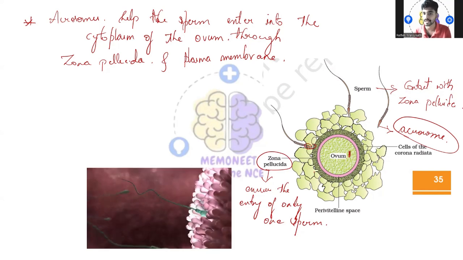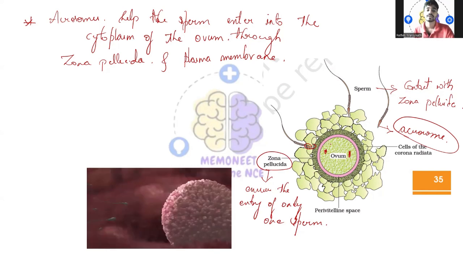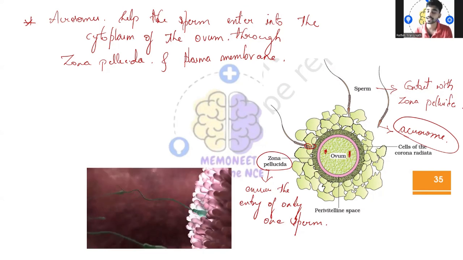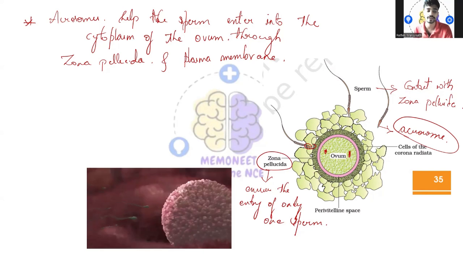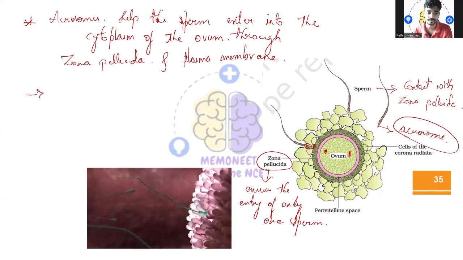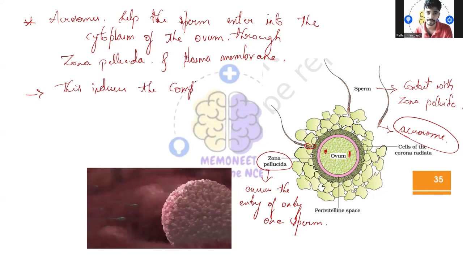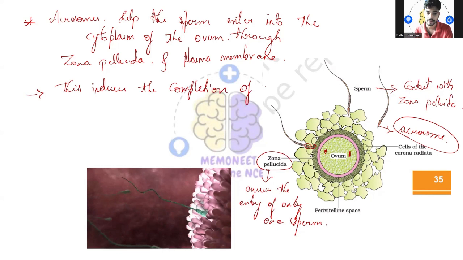The head region consists only of the genetic material, the nucleus. Once after the fusion, it induces the completion of the meiotic division.